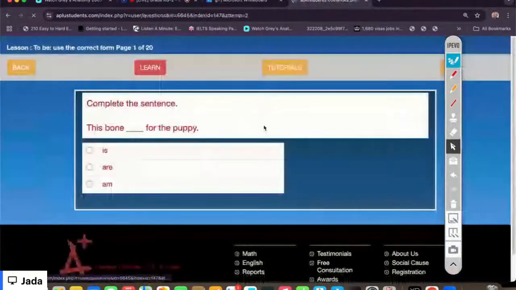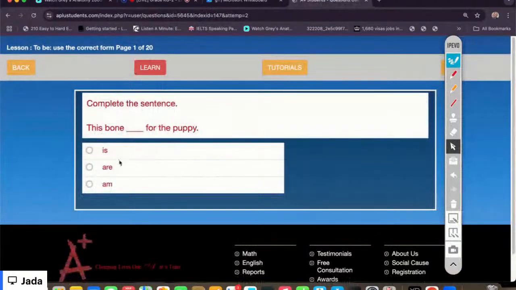Alright, so complete the sentence. This bone dash for the puppy. So is it is, are, or am?